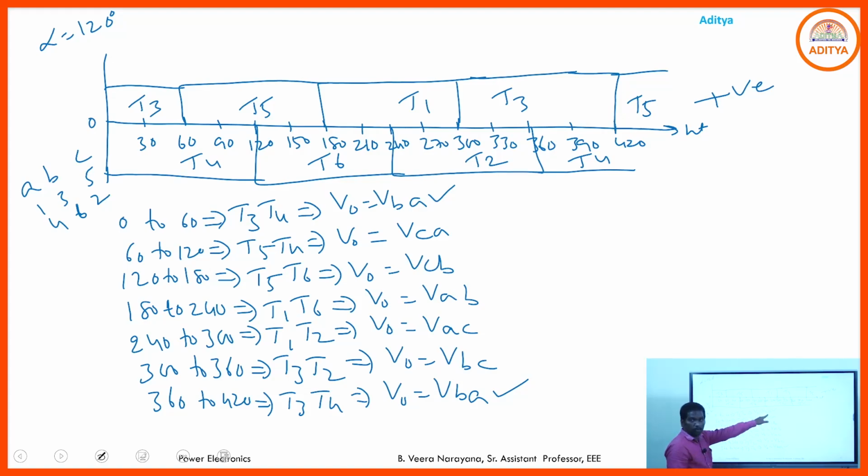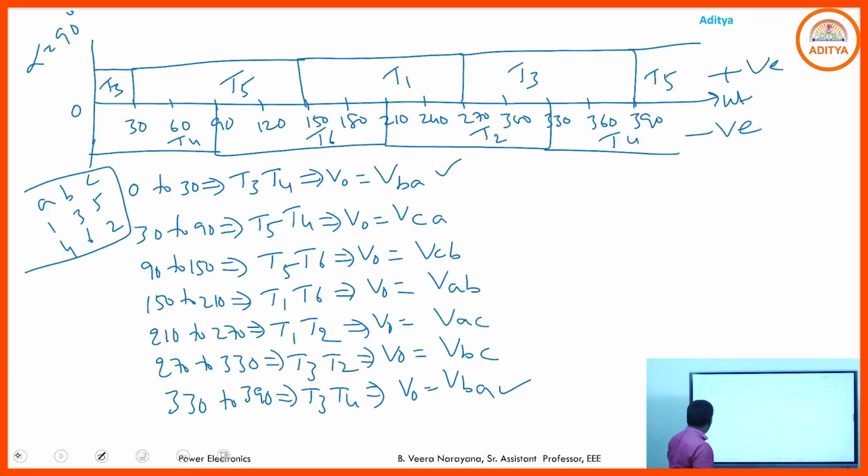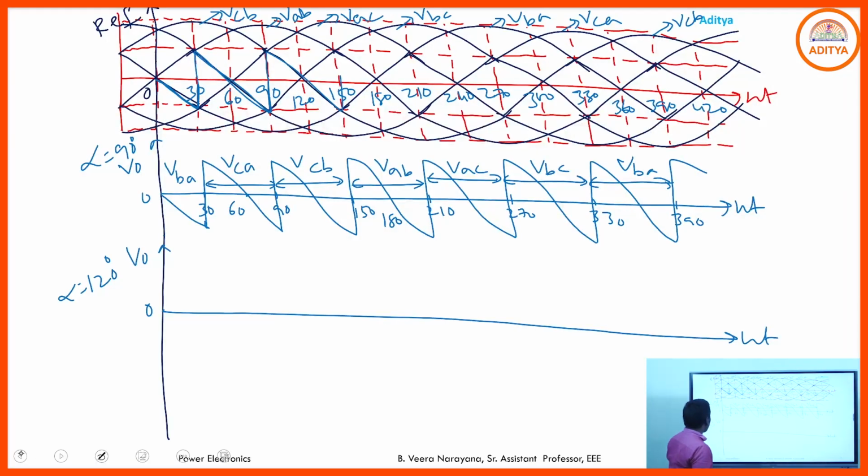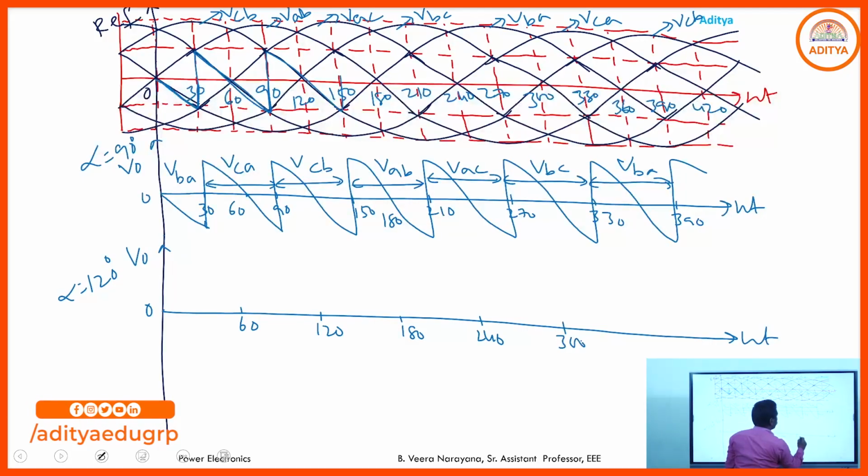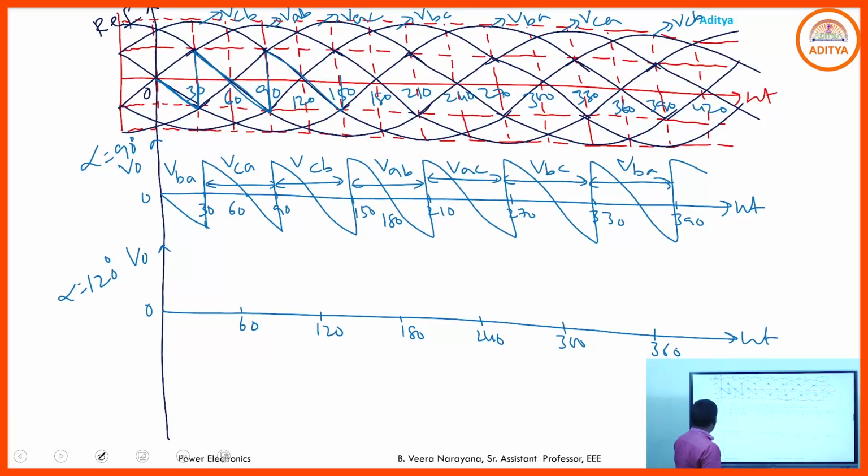From 0 to 60, what is the output voltage? VBA. You just follow the VBA line from 0 to 60. First you write the intervals: 60, 120, 180, 240, 300, 360. So 0 to 60 is VBA. Where is the VBA line? This one. You just follow the line. So 0 to 60, this one. 60 to 120 is VCA.